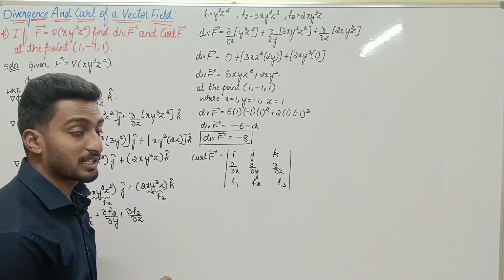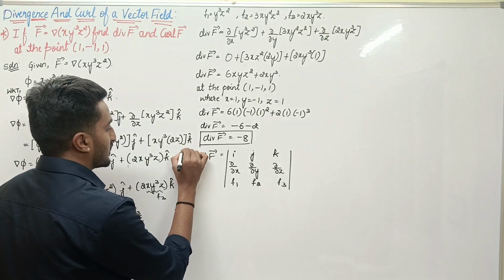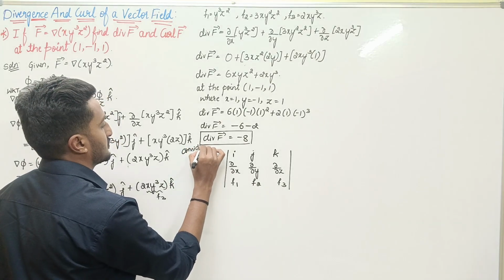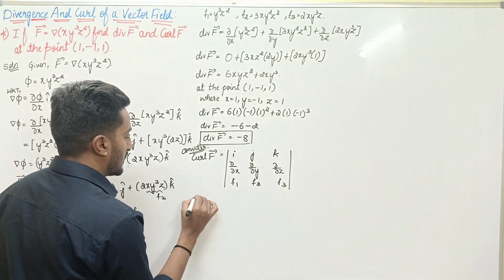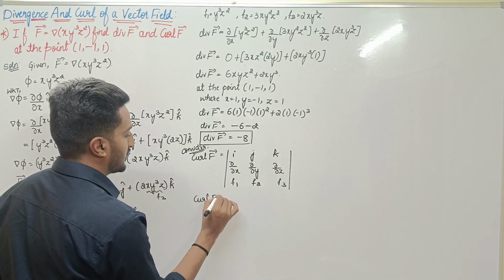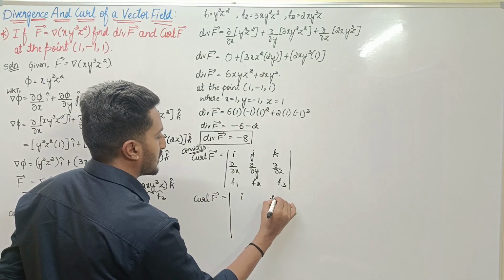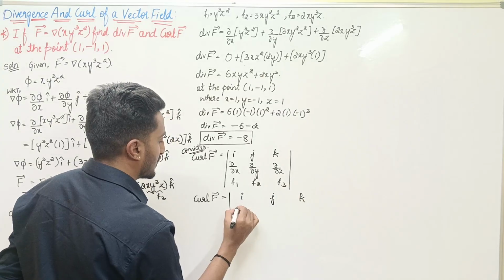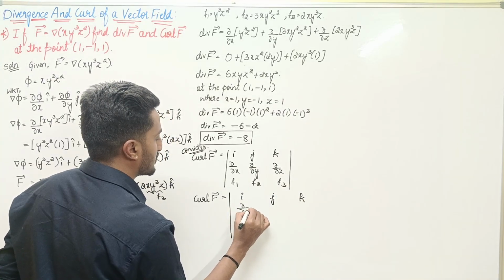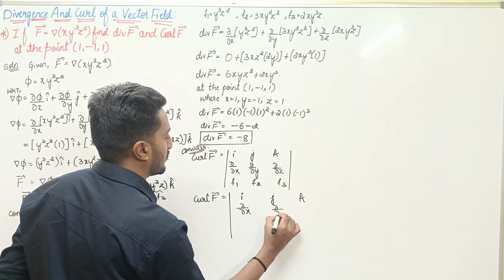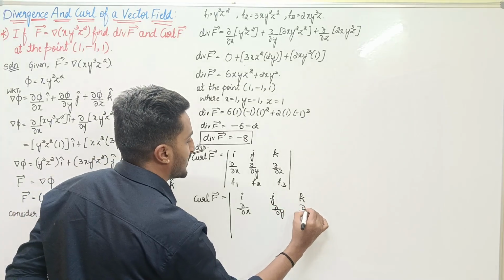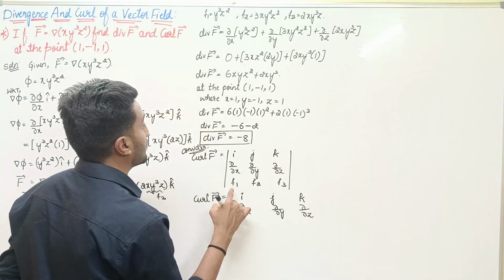Now curl of vector f is equal to the determinant of i, j, k, ∂/∂x, ∂/∂y, ∂/∂z. What is f1?